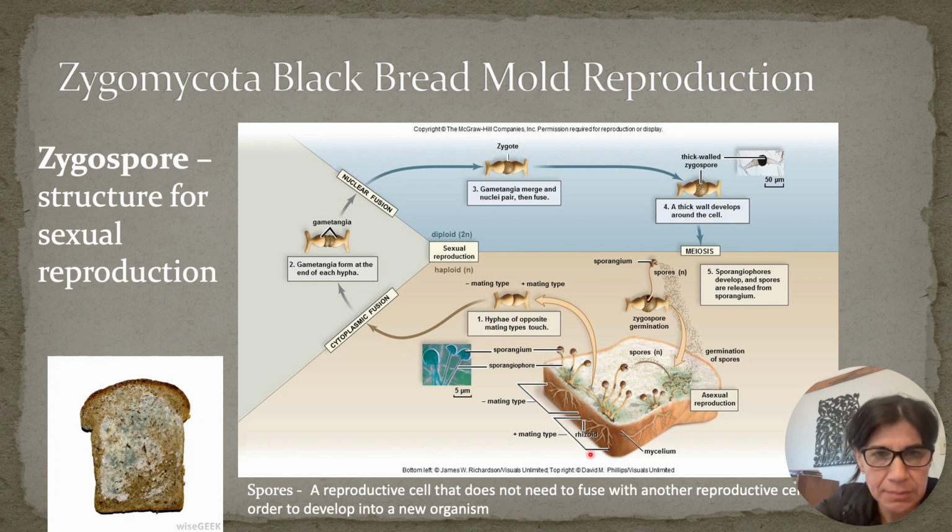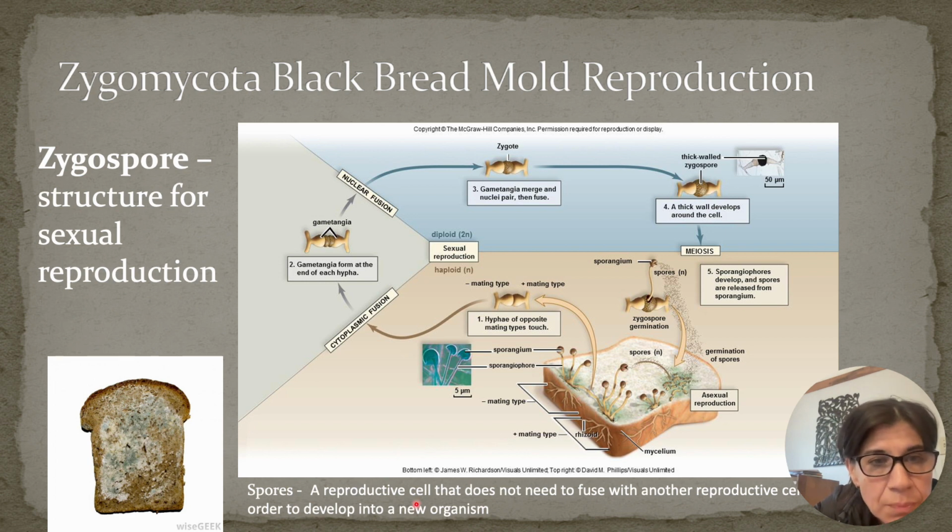So a few things about the structures and how this works. If we start here, let's look at something we've already talked about. Remember what the mycelium was. The mycelium was the body that's underground, produced out of hyphae, and you can see these little threads. If there is no mate around, the mycelium produces these structures called sporangium that pop out and hold spores.